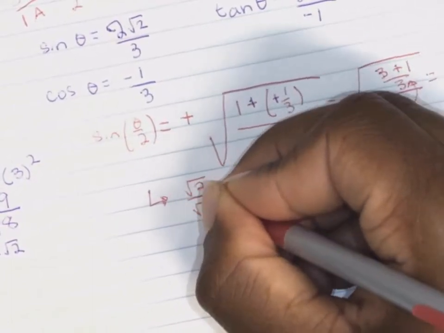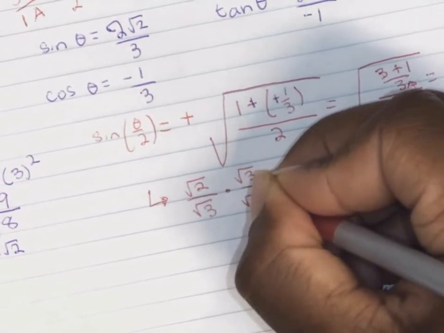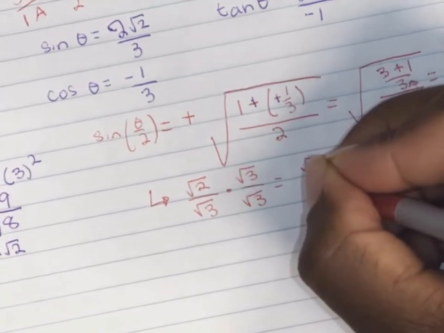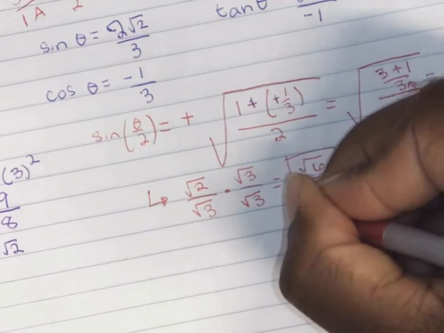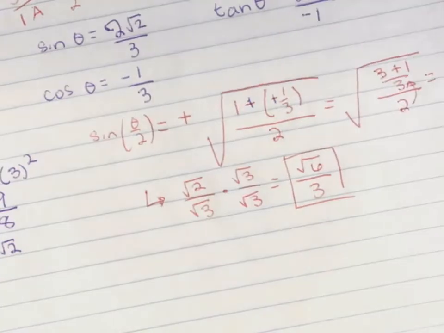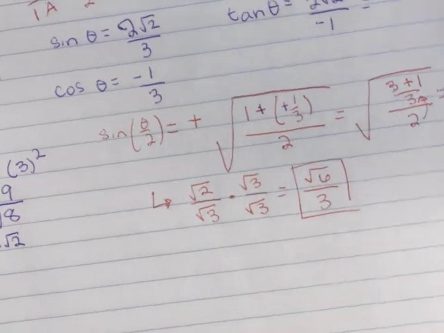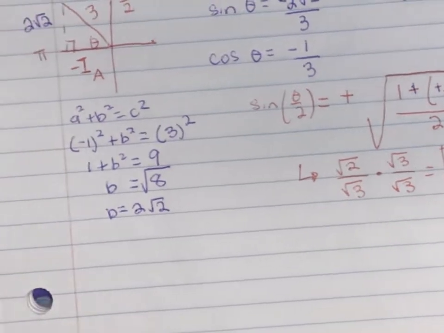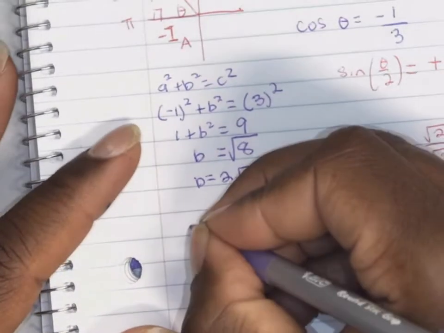I need to multiply the top and the bottom by the square root of 3. And I get root 6 over 3. All right. It's positive, yep.